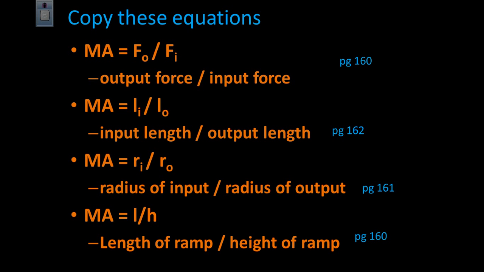This is the blue Motion and Forces textbook. And next to these equations, or near these equations, there's a picture of the type of simple machine that you would use with each of these equations. Okay, once you have that information, and if you didn't write this down, you're going to need to have this video handy so that you can go back to these equations.